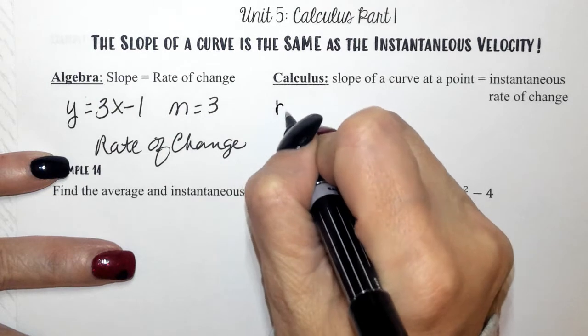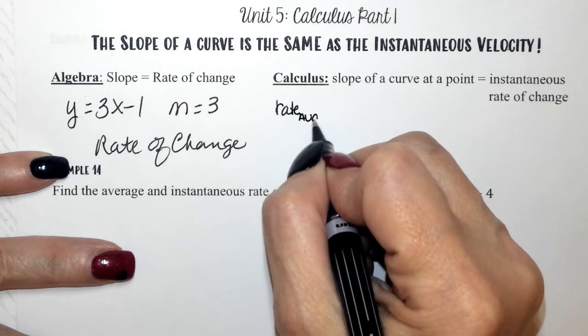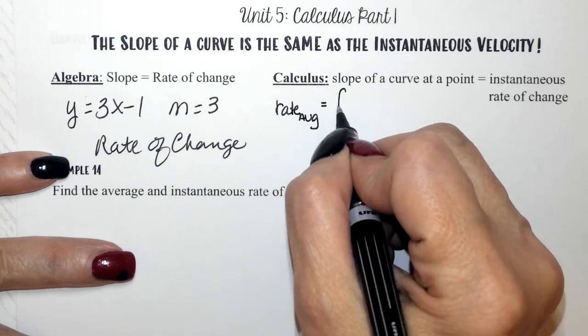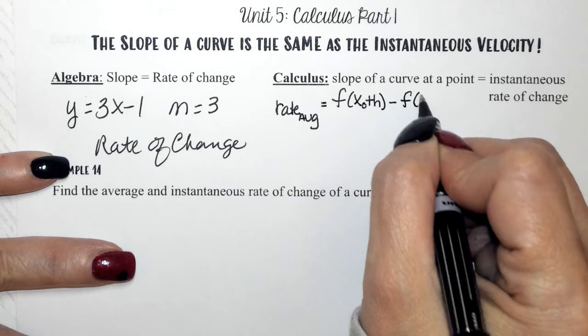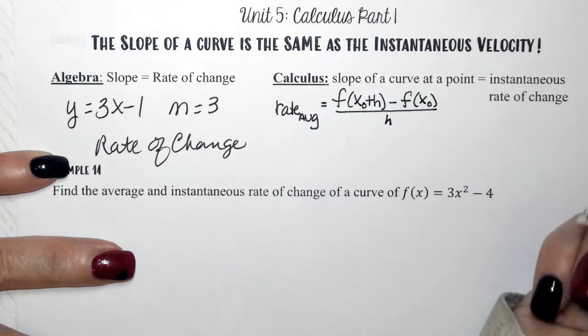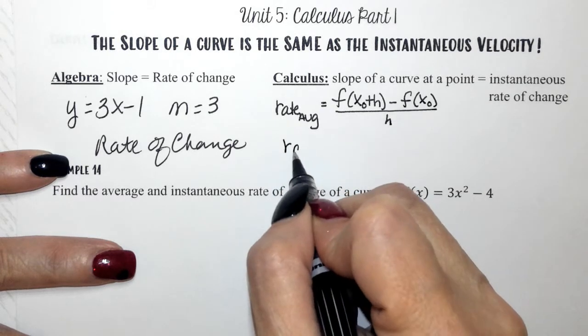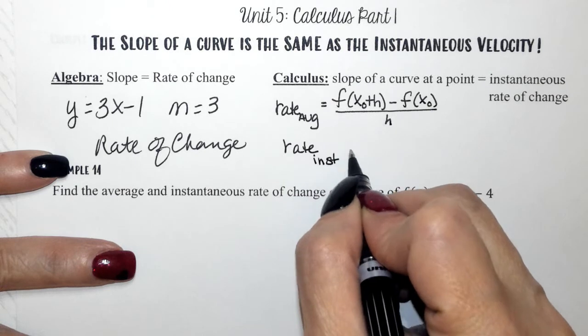We know this as the average rate. We call it f of x naught plus h minus f of x naught all over h. The instantaneous rate, we call it instantaneous.